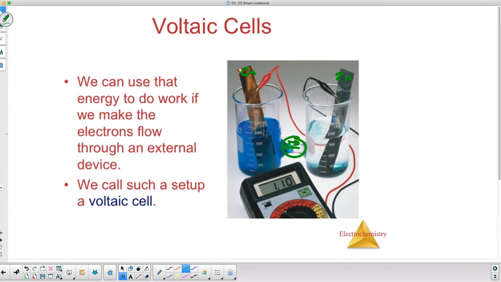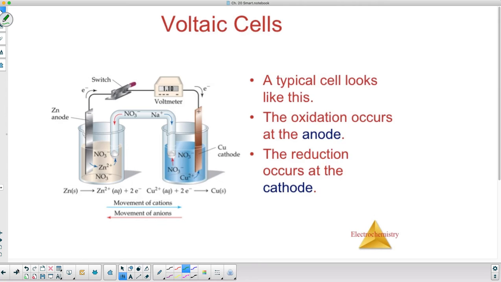So let's keep going. Here's the diagram that you see in the book. I like this diagram because it keeps things pretty simple. Notice that there are some things about voltaic cells. Number one, we have electrons flowing through something, like this. They're going in this direction.